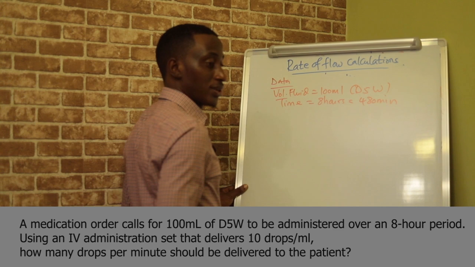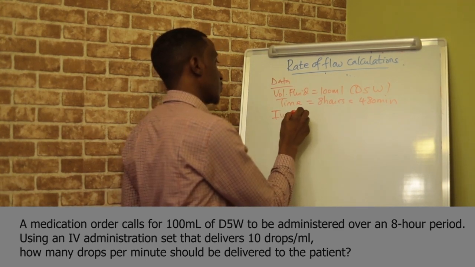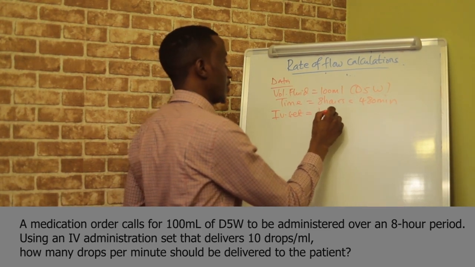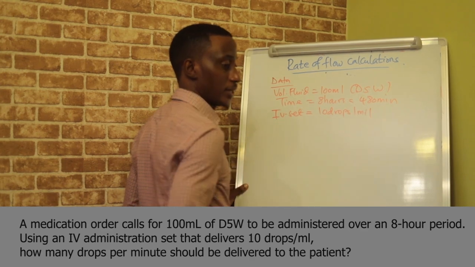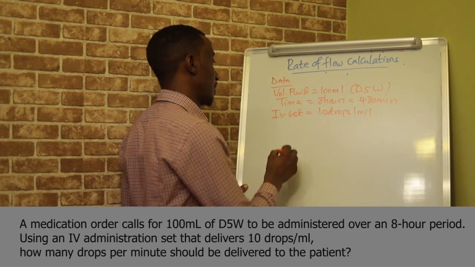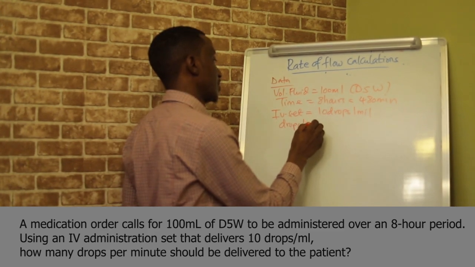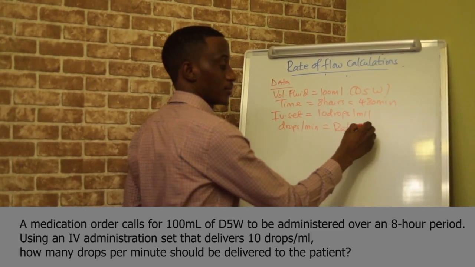Using an IV administration set, so the infusion set, the giving set to be used, it delivers 10 drops per mil. So how many drops per minute should be delivered to the patient? So what is needed is drops per minute, meaning rate of flow.